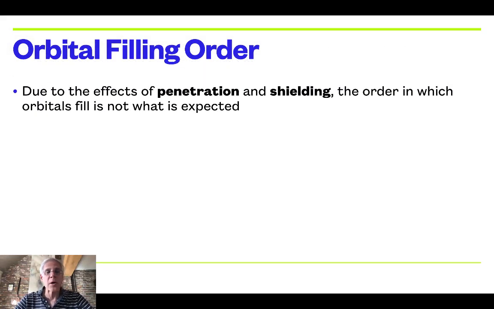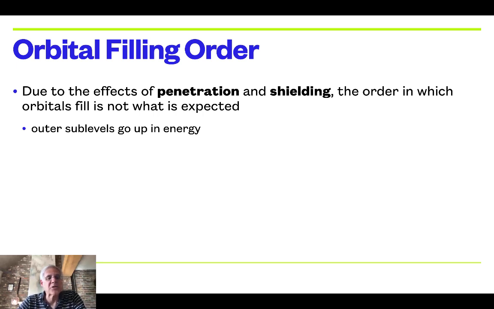Now we get into a couple of concepts that we're not going to look at extensively, but you might want to read about them. These are the effects of penetration and shielding. As you start to get into some of the upper level orbitals, the order in which these orbitals fill isn't always what's expected. We'll see some graphs here with penetration and shielding.